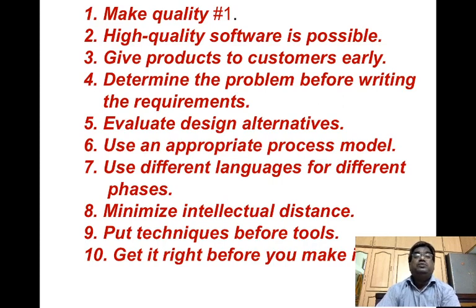Seventh one, use different language for different phases. Here, the software project is built in different phases, starting with the requirements phase and ending with the deployment phase. In each phase, appropriate tools and technologies must be used.